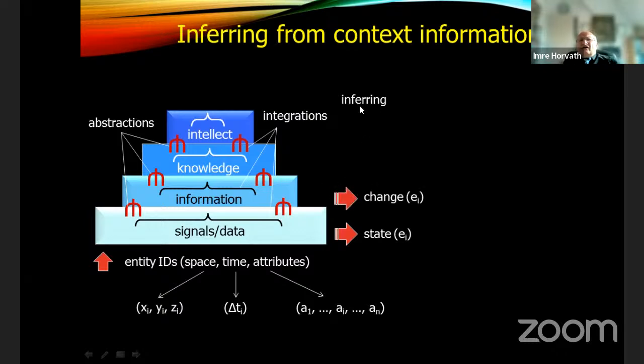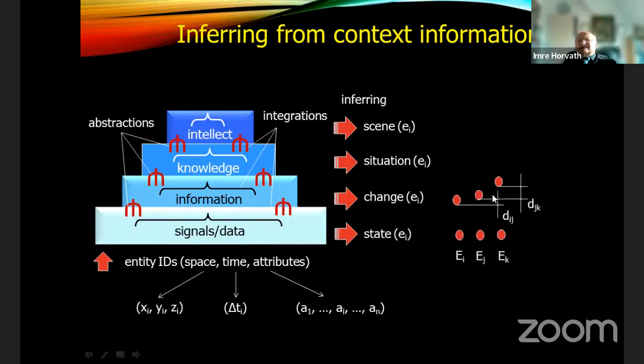So the inferring process started with the states of the entities, and then it went further with the calculation of the change, and then the interpretation of the situations and making scenes of the situation. So these are the entities. Then we calculated, for instance, the time-proportional distance changes between them, and then we could see where the people were, if they were approaching each other and there was a danger of forming a jam in front of an exit.